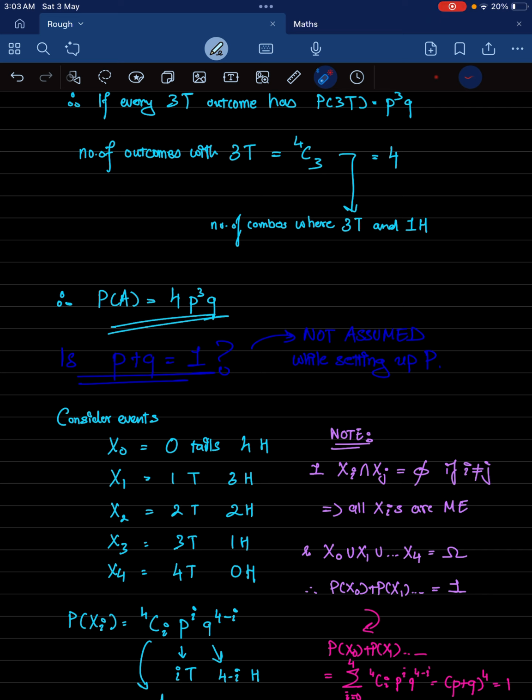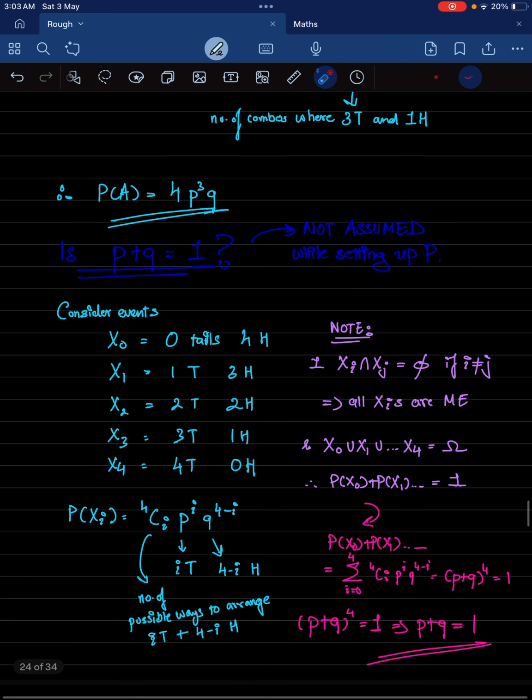So all of these are mutually exclusive events, and the union of all of these gives you the sample space. Fair enough. So the sample space will contain 0 tails, 1 tails, 2 tails, 3 tails, 4 tails, right? And so their union is the sample space, and adding the probabilities of all these events hence should be 1.